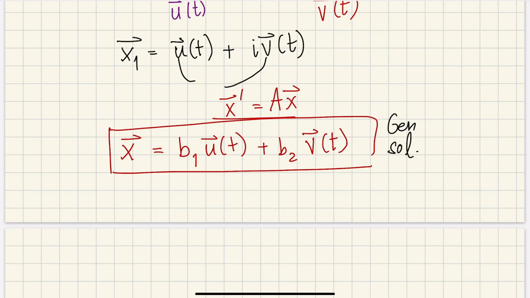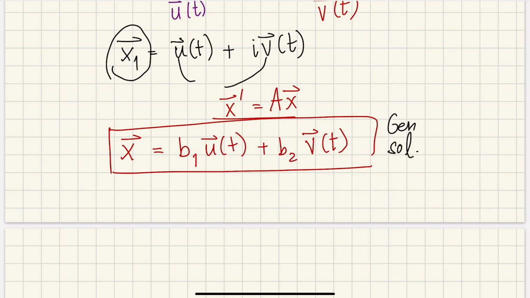Now notice we only used x1 to get the solution. This has to do with the fact that the eigenvalues lambda 1 and lambda 2 are complex conjugates.